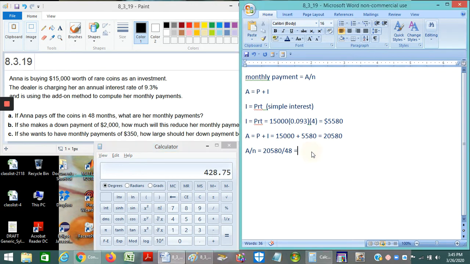She's going to owe them $428.75 each month. So that's her monthly payments.